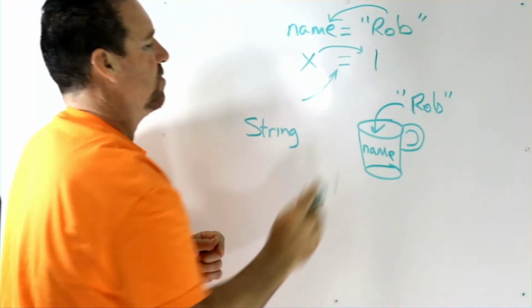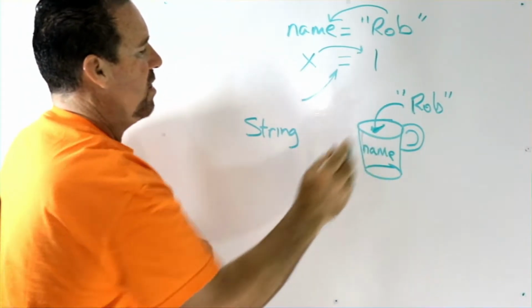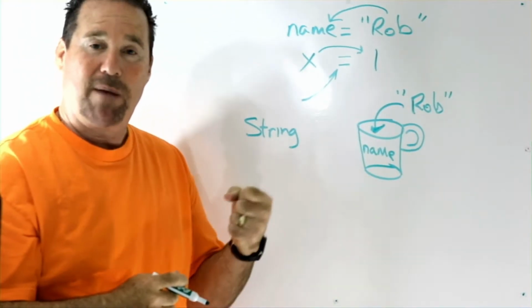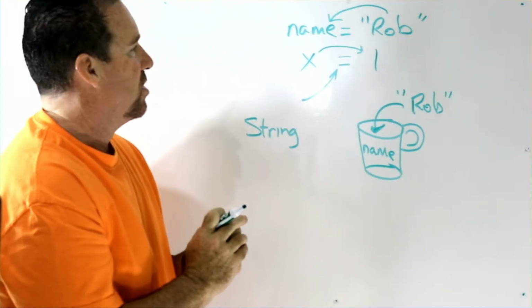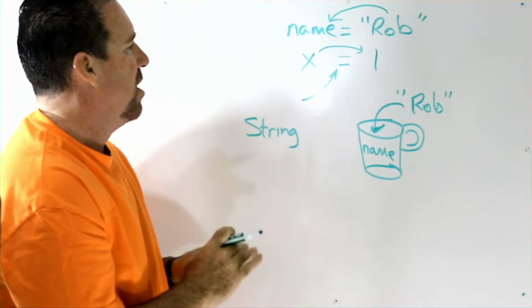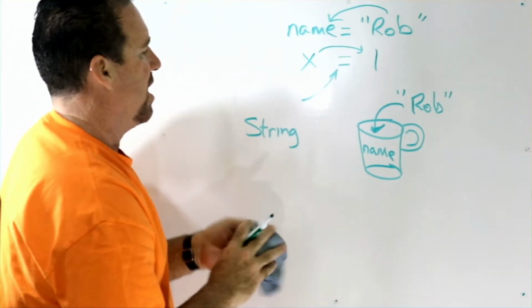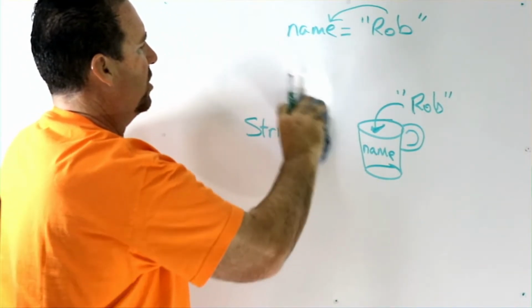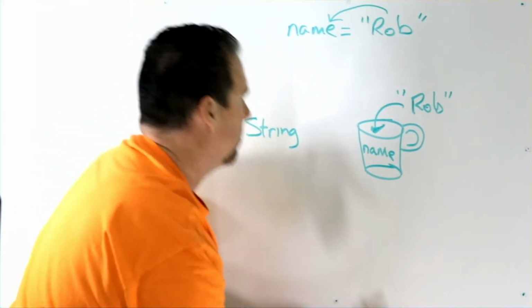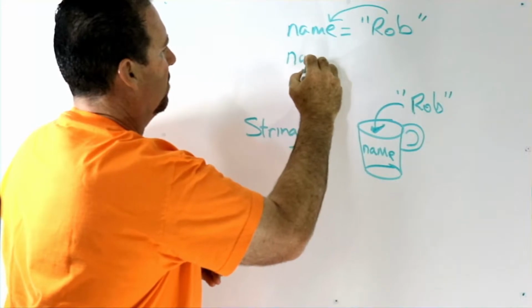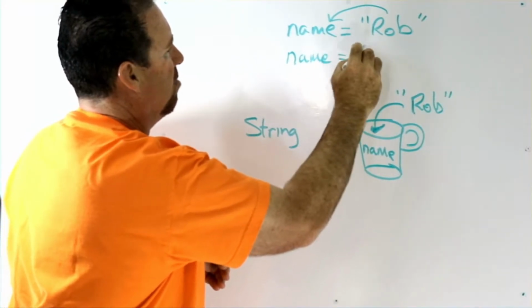These cups, these variables, are holders, they hold whatever it is in there. So if I say name equals Rob, or if I come in here and say name equals Paul.